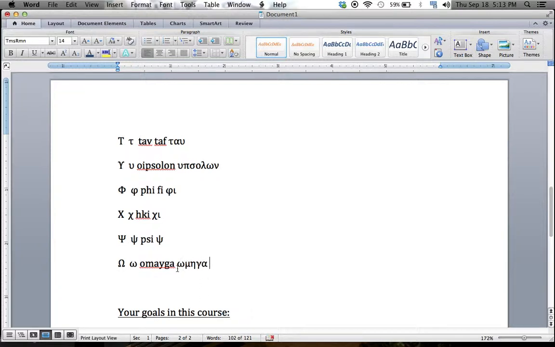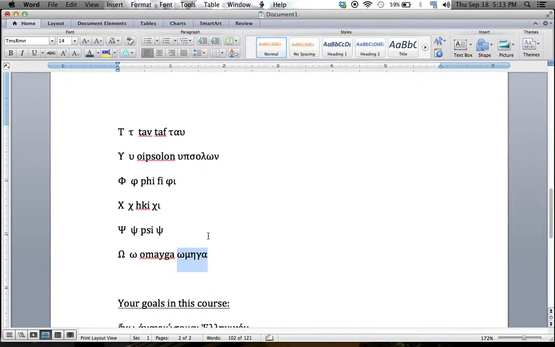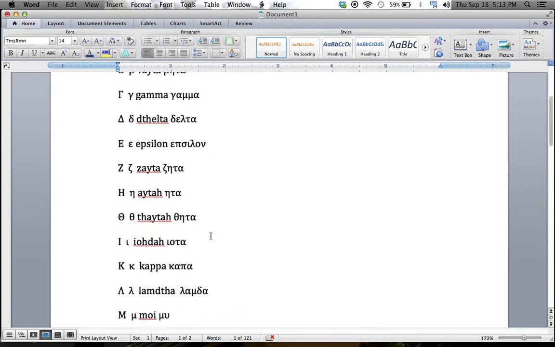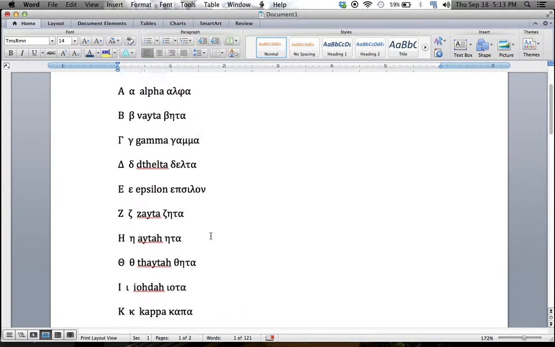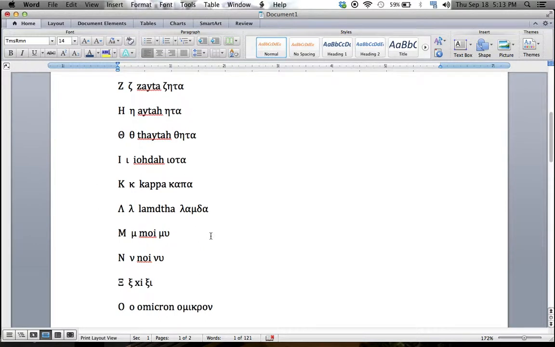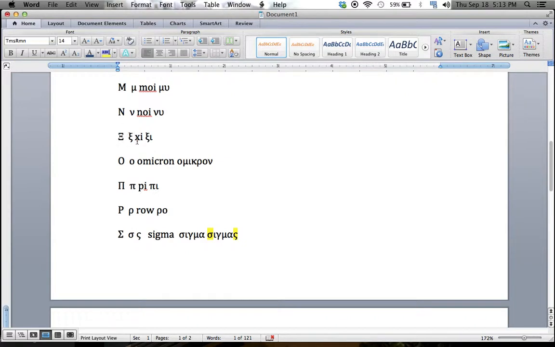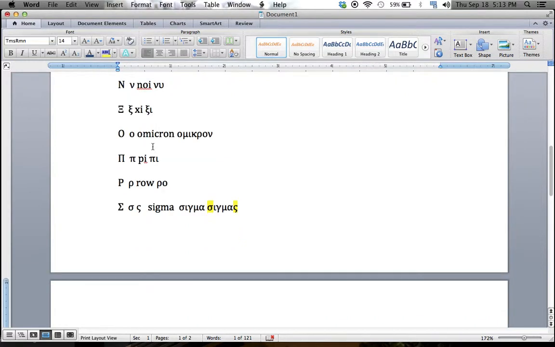So again, like I said, I would go through and try to write these out so you can see the letters in action and get used to how they work. The ones you're really going to have to worry about are the ones that are different than ours. For the most part, most of them are the same. Eta is a little different. Theta is different. Xi is a different thing that English speakers are not used to seeing.